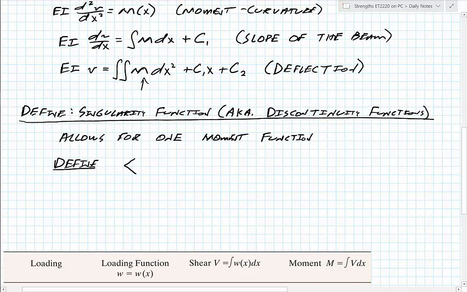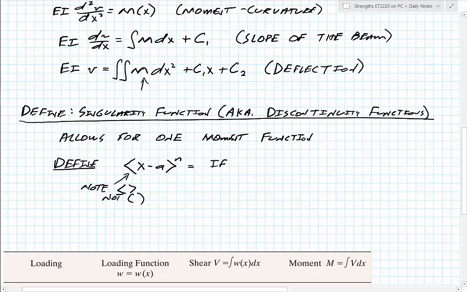We have these brackets, and the bracket is going to look like this: x minus a to the n power. Note that this is a bracket, not a parentheses. The way these discontinuity or singularity functions work is they're either on or off.